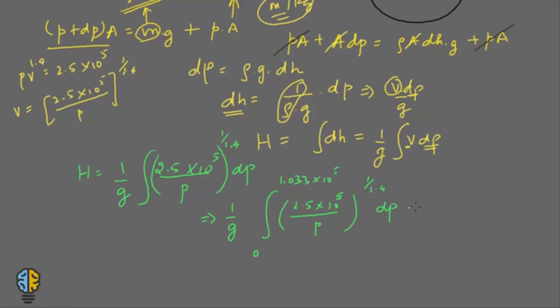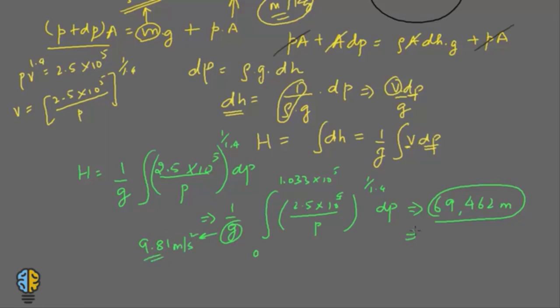So when you solve this integral, the value that you get is 69,462 meters, and that is after putting the value of G, which is 9.81 meter per second square.